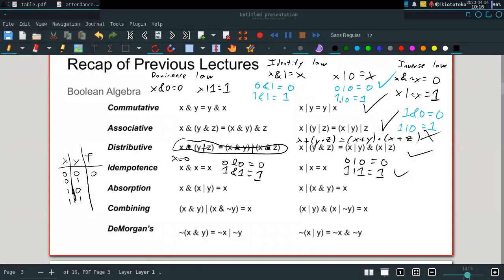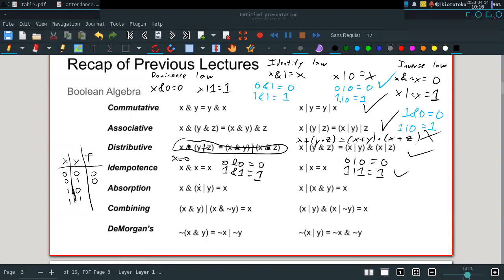Okay. So yeah, 0 and 0. When there's a 0 or 1, in an OR, the 1 will prevail, so this will be 1. And 0, well, this is 0, so this is indeed 0. 1 or 0, again, because it's 1 or 0, the 1 will prevail, so this is 1.